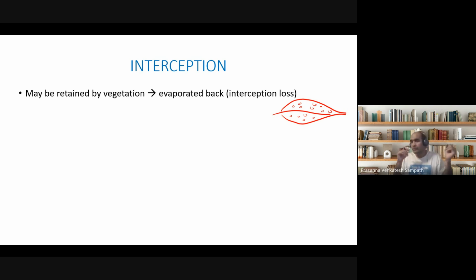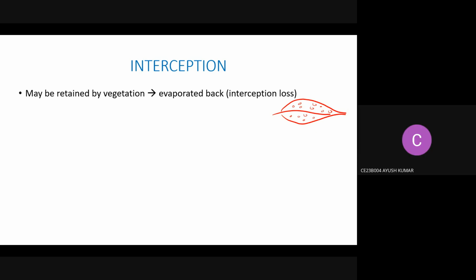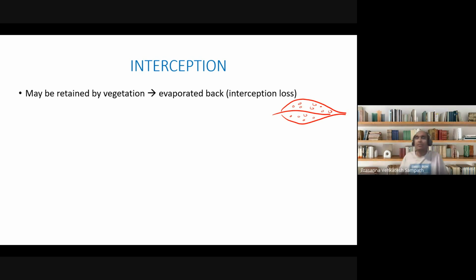What else can happen? Let us say the rainfall happened for 1 hour. At the end of 1 hour, there are different drops of water on the leaf. Some of those drops of water can evaporate back into the atmosphere, and I'm going to call that interception loss. Is there anything else that can happen? Water can be absorbed by the roots or some parts of the plant, some kind of loss like that.